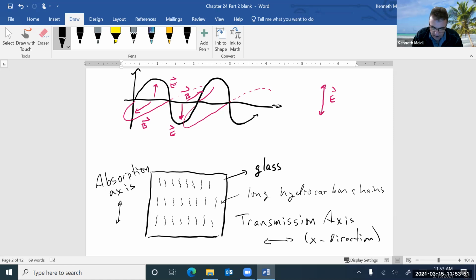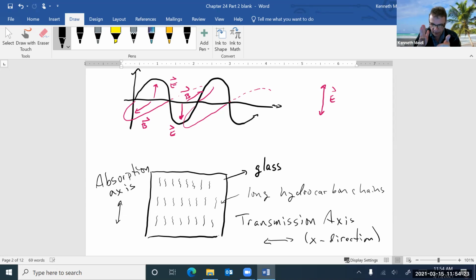And so what ends up happening is that the light hits this glass and it has what we call a certain amount of light. And we've actually looked at this word before when it came to sound waves. We used the letter I, intensity, right? So there's a certain intensity of light here, but this piece of glass, because it has tinting on it, and the tinting is very specialized tinting, it absorbs all of the Y components of the electric fields.